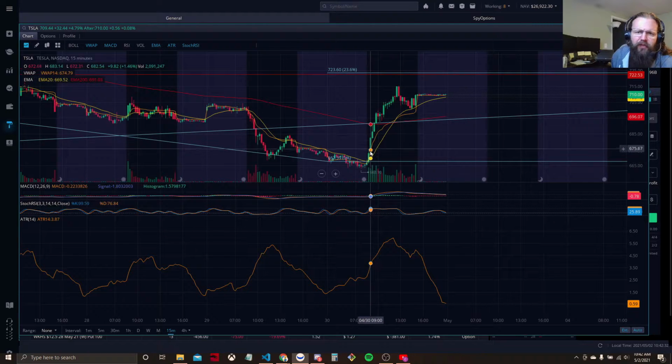So even though this price movement was large, its average true range is only $4, or in this case $3.87, even though that particular candle moved $10.